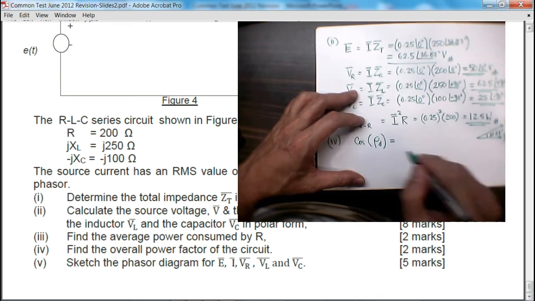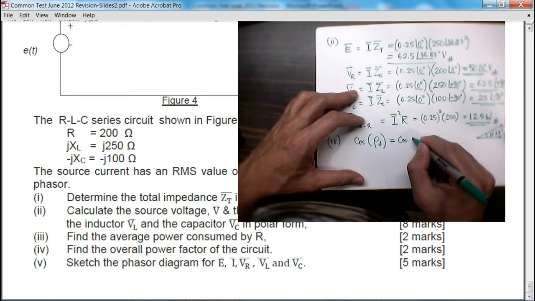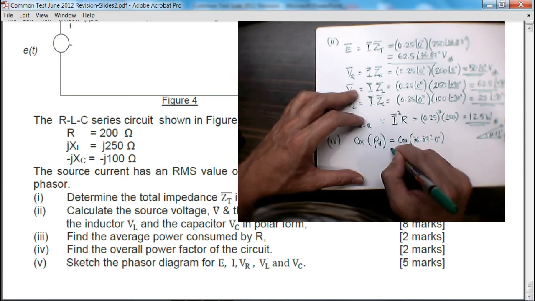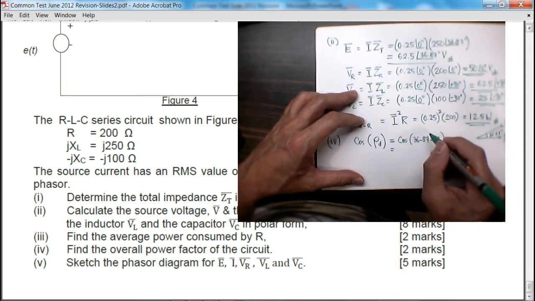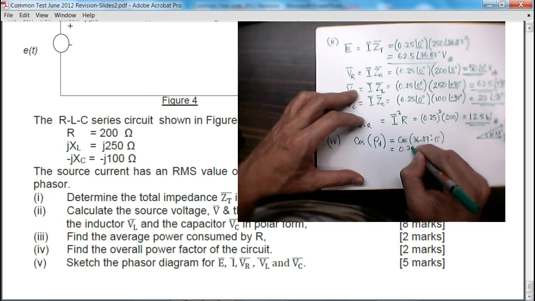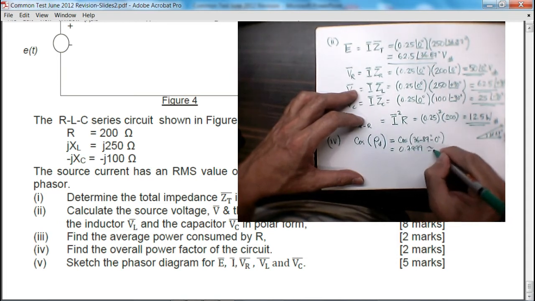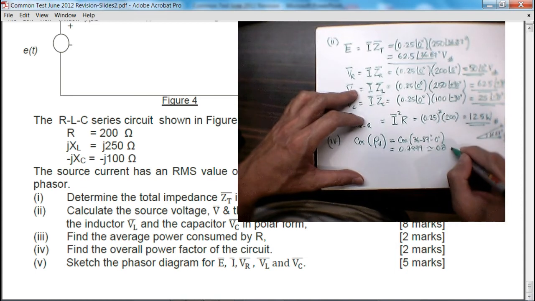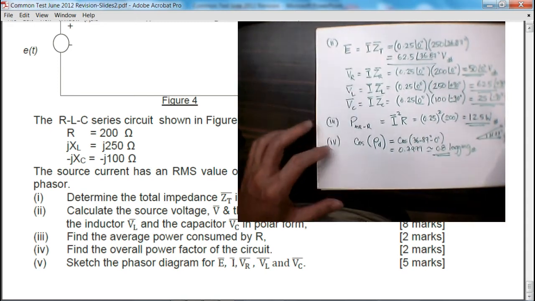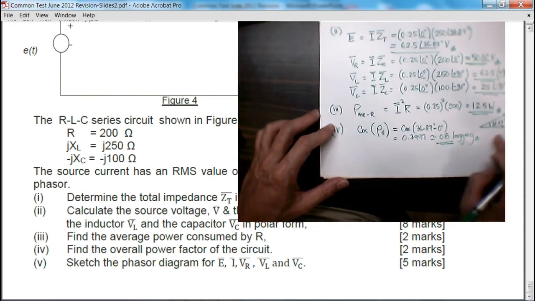Hence, the power factor is cos of 36.87 degrees minus 0 degrees. That gives us 0.7999, so that's close to 0.8. Lagging. Why lagging? Because the voltage is leading the current. Right? We always look at the point from current, so in this case the current is lagging.